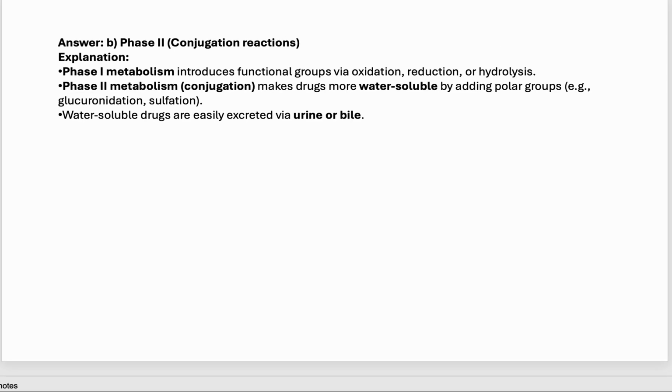Perfect. Phase 1 introduces functional groups via oxidation, reduction, and hydrolysis. This is also to make it more polar. But phase 2 conjugation reaction is like 100% to make it more soluble for excretion to be easier, because it has to go through excretion, in urine or in the form of bile.